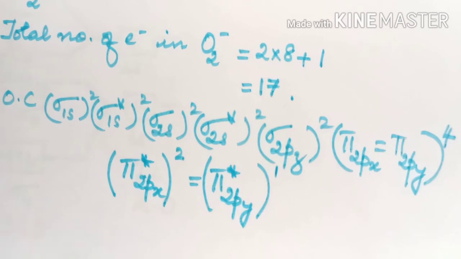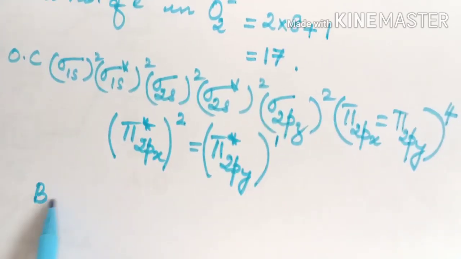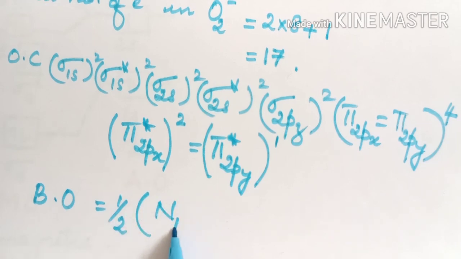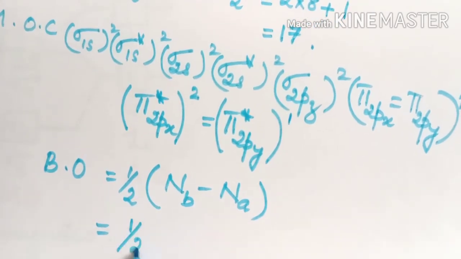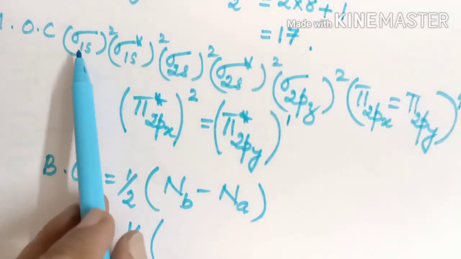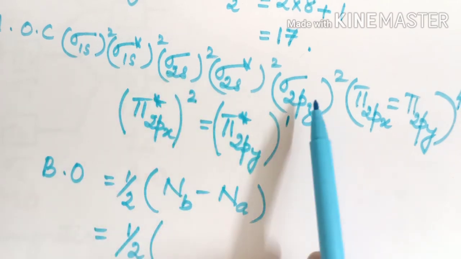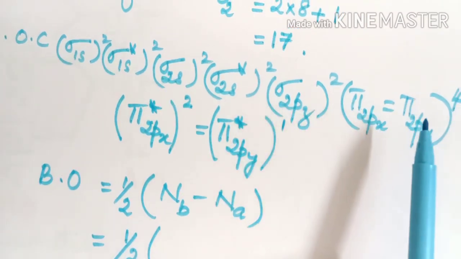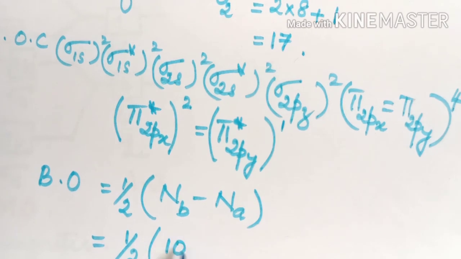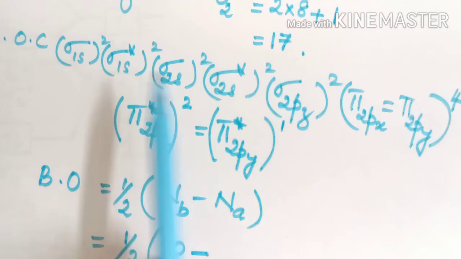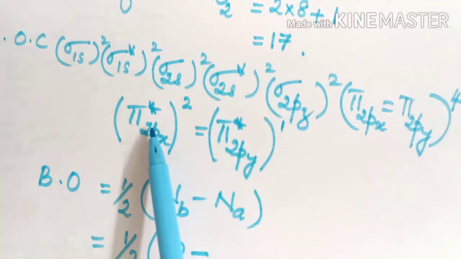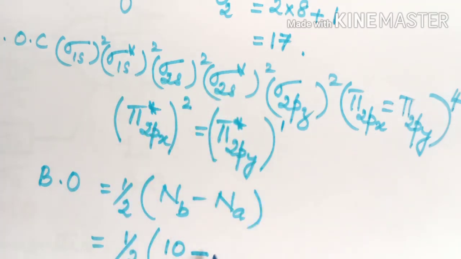So what will be the bond order? Bond order is half of NB minus NA. So the total number of electrons in the bonding molecular orbitals is 2, 4, 6, 8, 10. 10 minus how many electrons in the antibonding? 2, 4, 6 plus 1, 7.